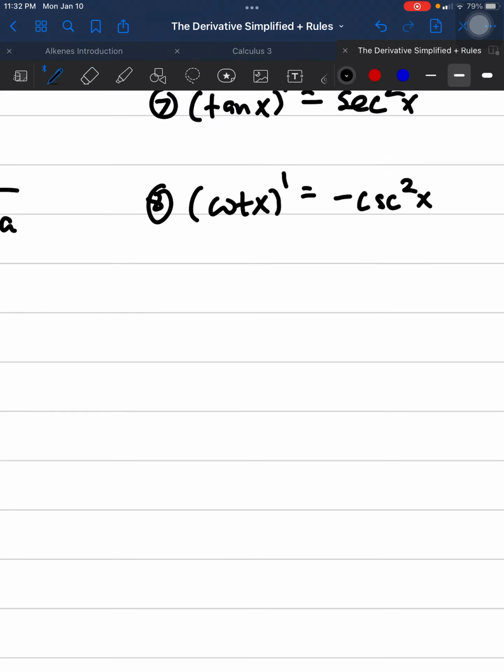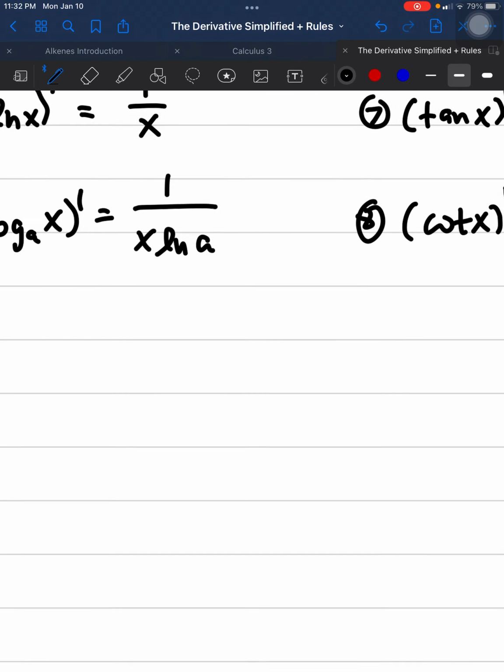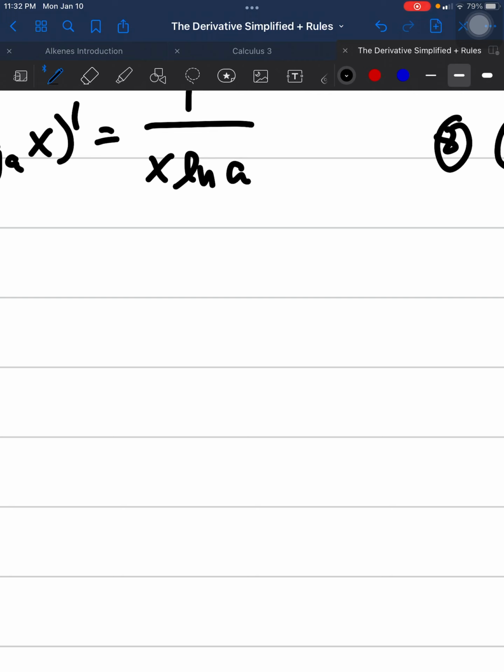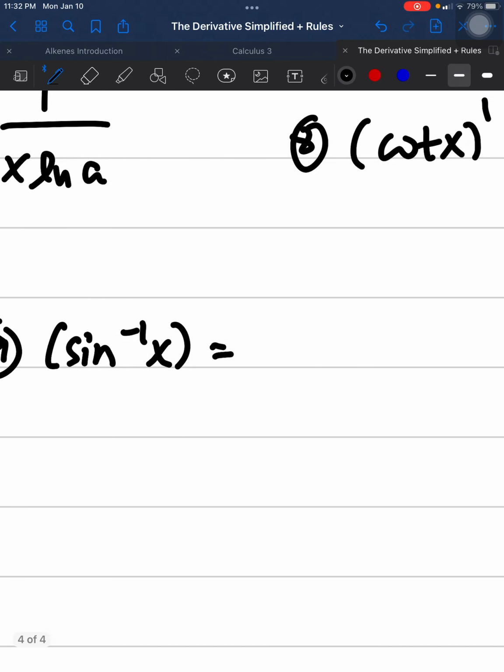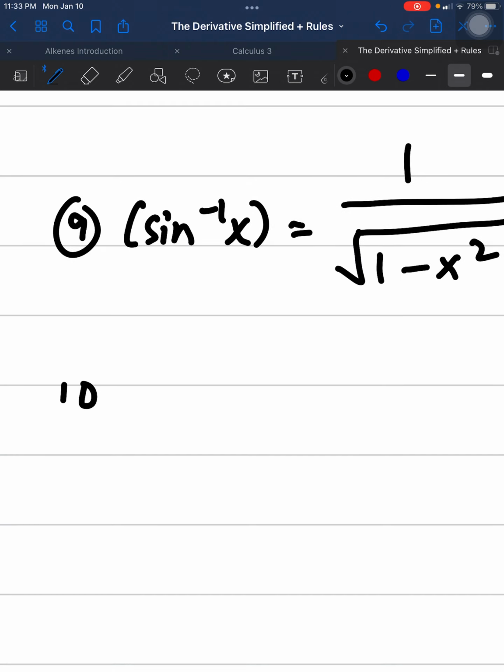And there are also inverse derivatives. The derivative of the inverse of sine x is equal to 1 over the square root of 1 minus x squared.